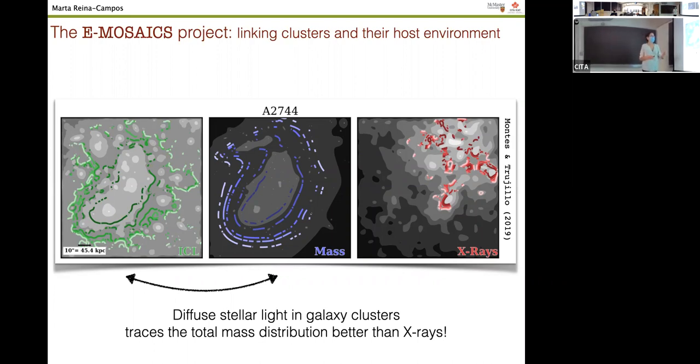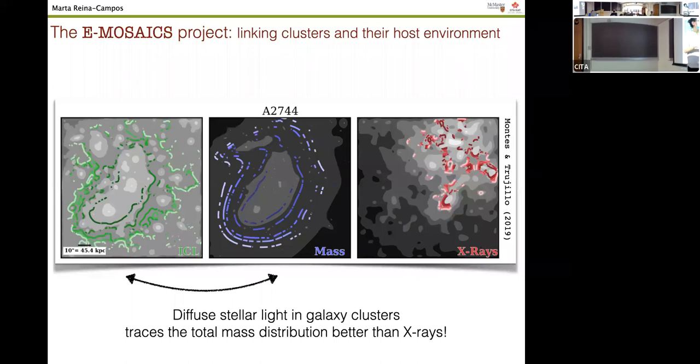And what they do is that they use these observations of the intracluster light and they compare the structure that you see in those observations to the structure that you get from mass distributions that come from weak lensing and the distribution that you see in X-ray observations.